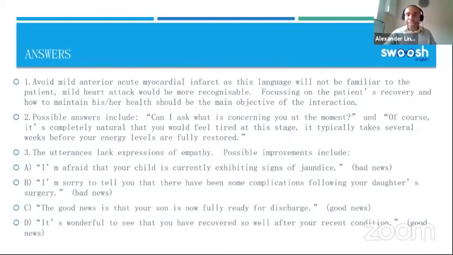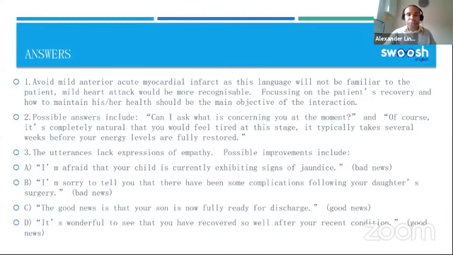For B, we also had a good discussion in terms of some of the appropriate language we could use to address the different points. And for C as well, here are some ways that we could express the bad news and the good news for the scenarios that were related in exercise 3.